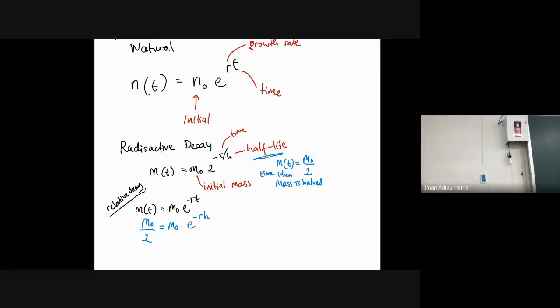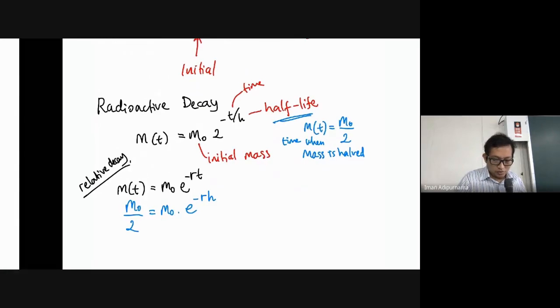So this is my h here. I want to know what the relation is between this r and h. So this cancels, and I will get the ln half, or let me write step by step.